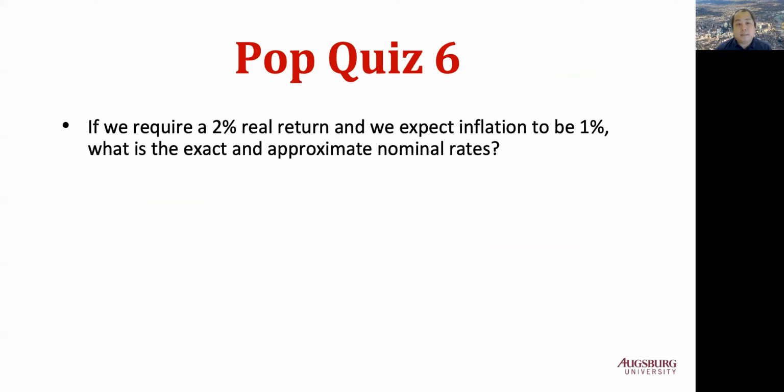Pop quiz 6. If we require 2% real returns and we expect inflation to be 1%, what is the exact and approximate nominal rate? Please solve them. Let's use the exact formula first.